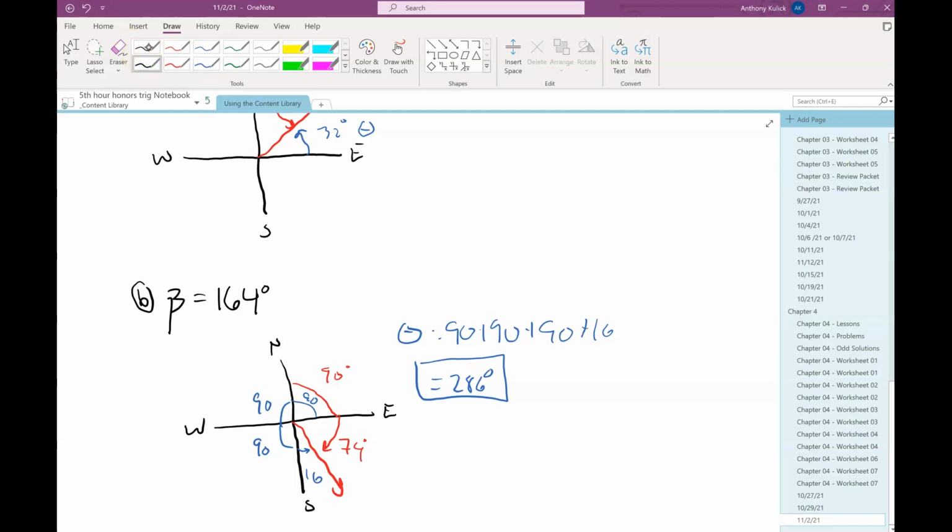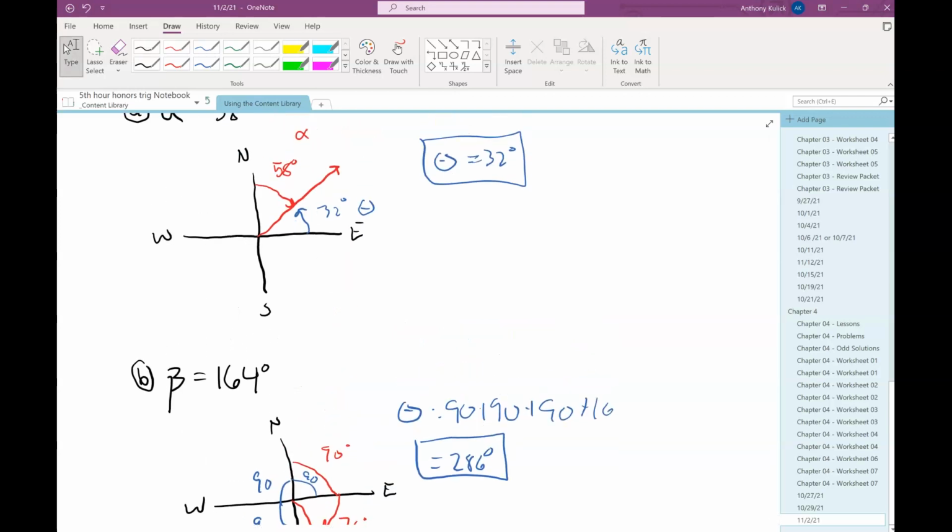Is everybody okay with that, Mackenzie? Standard position angles start with the positive x-axis and rotate counterclockwise. So that's what I'm doing. Is that okay? Okay.